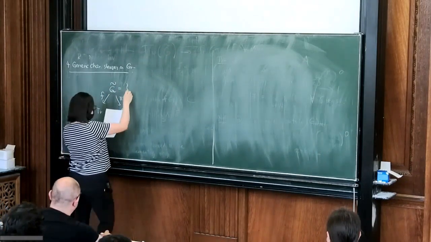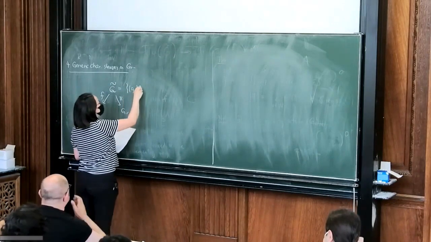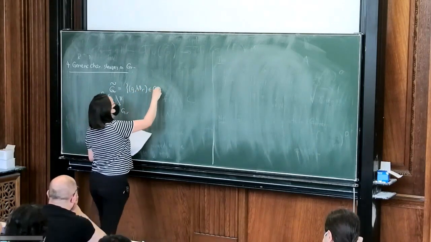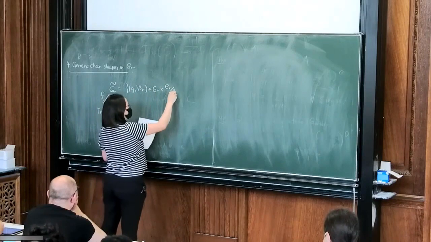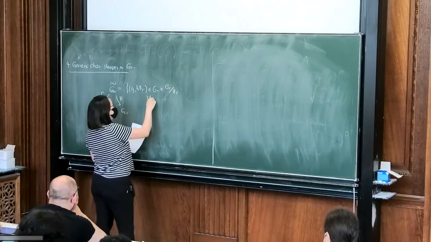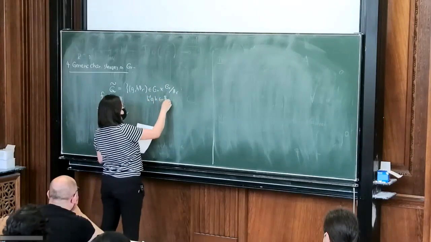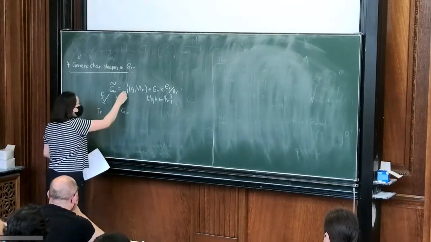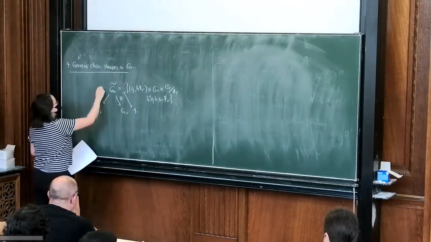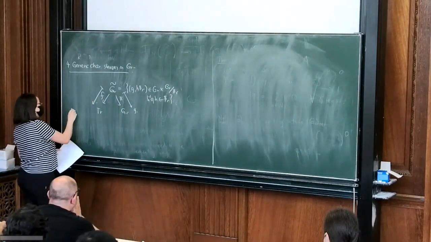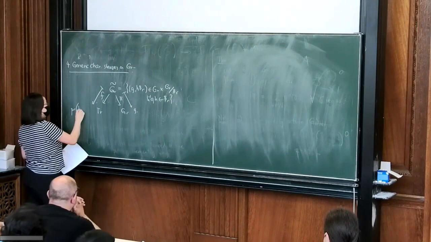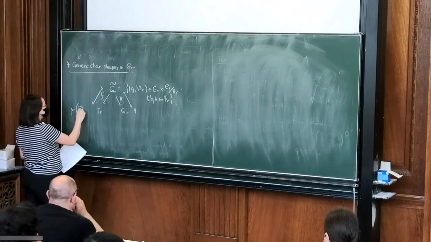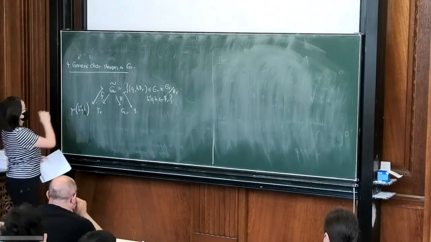And again, this is all pairs such that H inverse GH is inside BR. And again, this map is just projection to the first coordinate, and this is given by the projection to the torus part of H inverse GH.